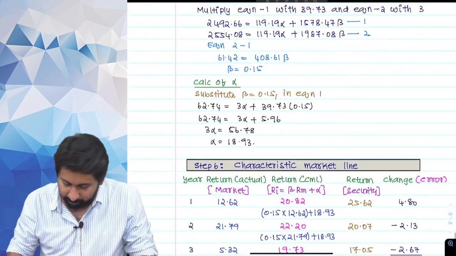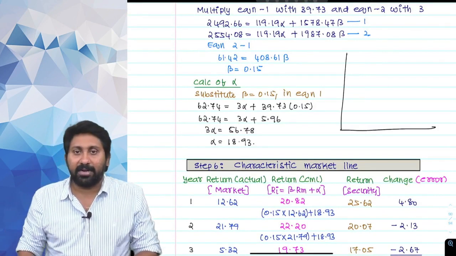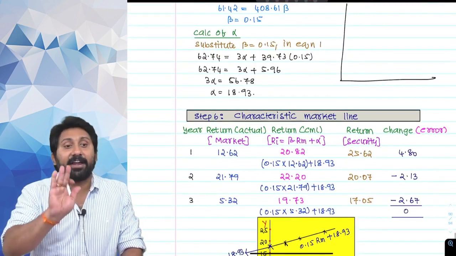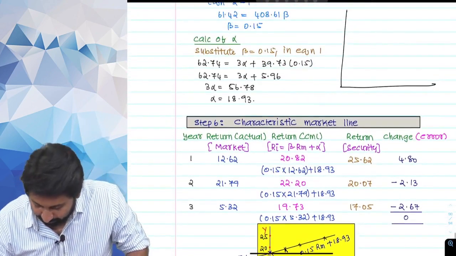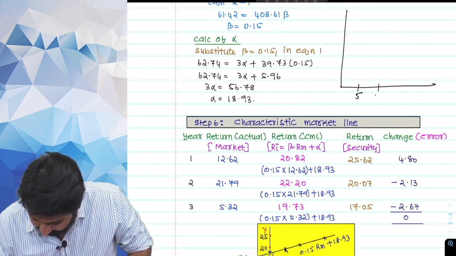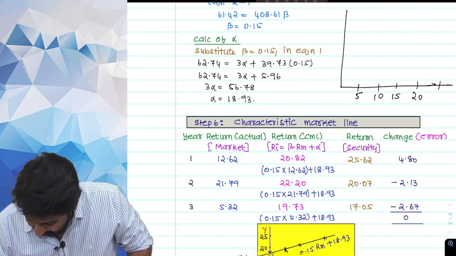Okay, see here. Let's not take the chart I draw. Let's take a graph this way. Randomly I'm drawing. Don't go for accuracy and do overaction. Okay. 5, 10, 15, 20, 25.